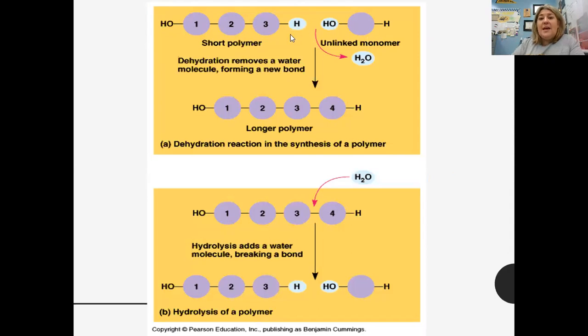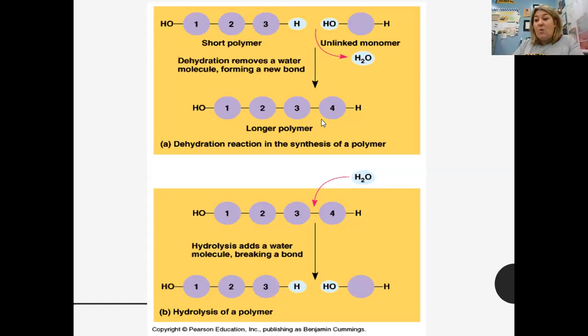Well, they won't connect because there's no spare places, because all of the bonds, all the potential places to bond are used up. So what happens is the OH on this monomer connects with the hydrogen on this polymer. They pull off as H2O, and now you have a spare electron that needs a partner on each one of these carbons. So boom, they form a bond.